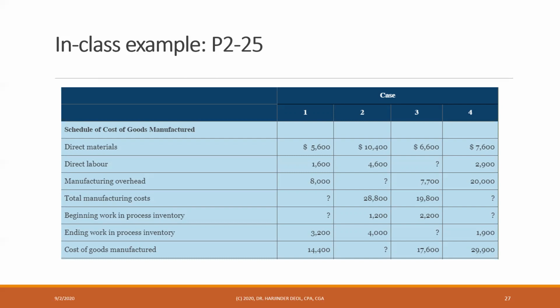You're given information on direct materials, direct labor, manufacturing overhead, total manufacturing costs, beginning work in process inventory, ending work in process inventory, and costs of goods manufactured for cases 1, 2, 3, and 4. Now, what I'll advise you to do is pause the video at this point and try to calculate the missing numbers that are indicated by the question mark symbols.